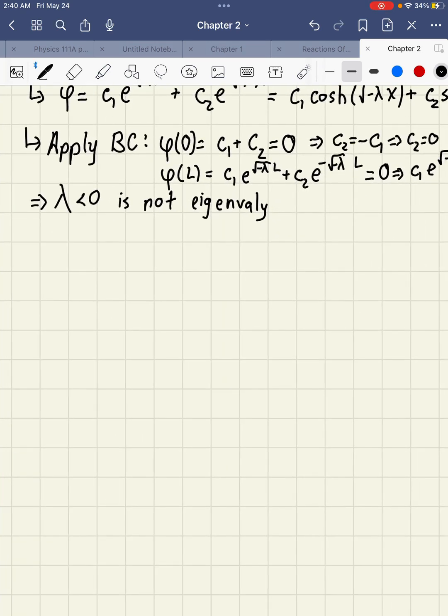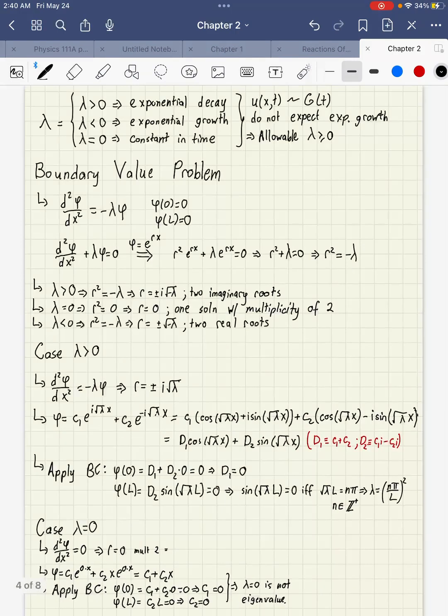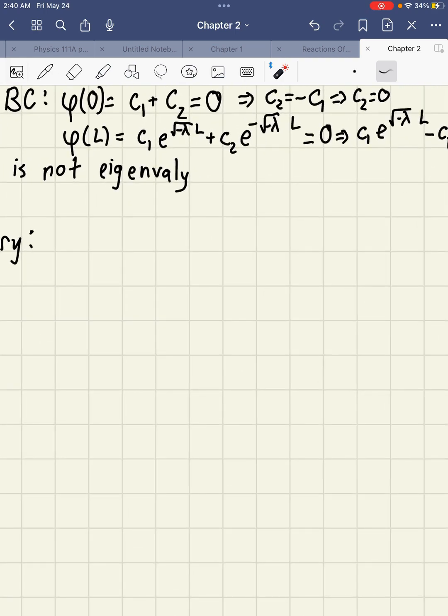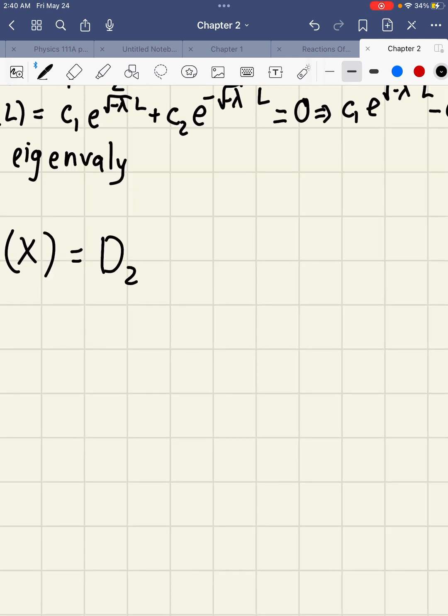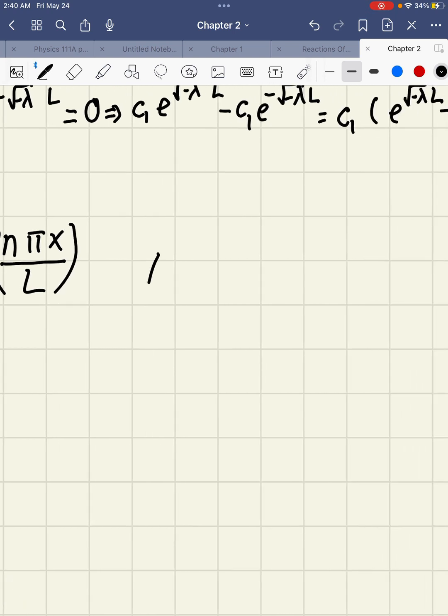Now, let's summarize. Our eigenfunction for this corresponding eigenvalue is phi of x equal to a constant D2 times sine of n pi x over L, where my lambda is equal to (n pi over L) squared.